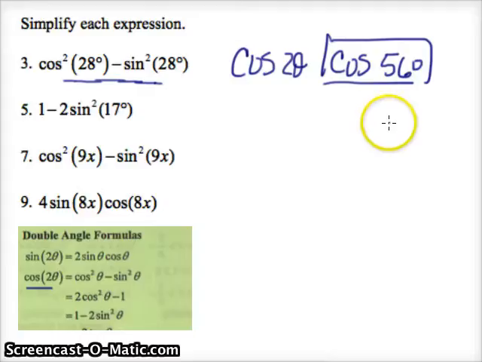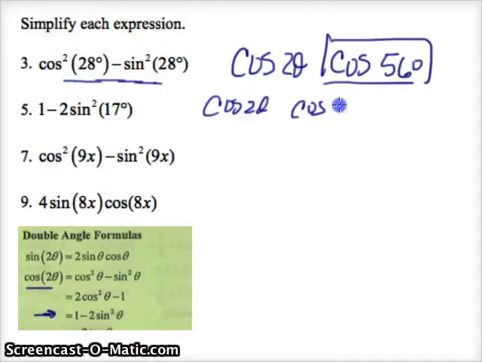All right, now the next one, number 5, it looks like this identity here, 1 minus 2 sine squared theta. So that's the same thing as, again, cosine 2 theta, or cosine of twice 17, which is 34 degrees.